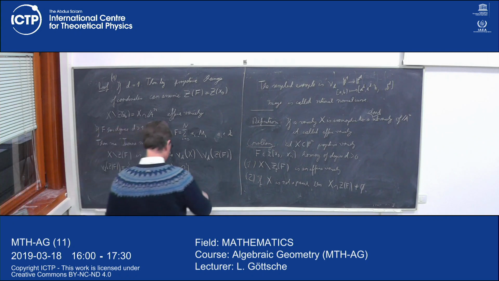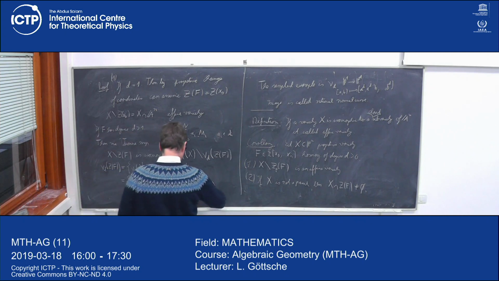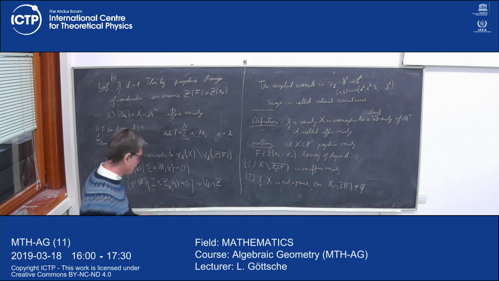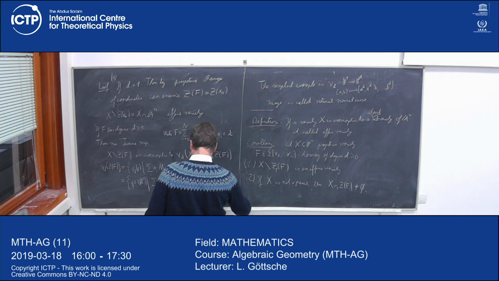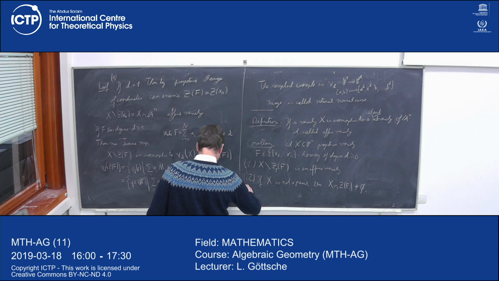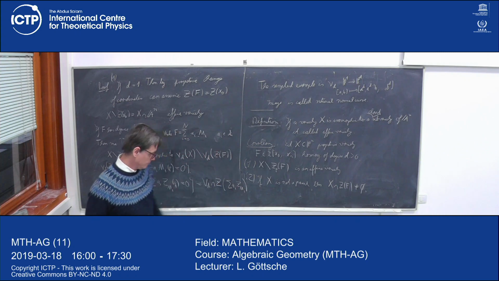So this is, in other words, equal to ν_d intersected with the zero set of the sum of a_i z_{m_i}, which is now a polynomial of degree 1.